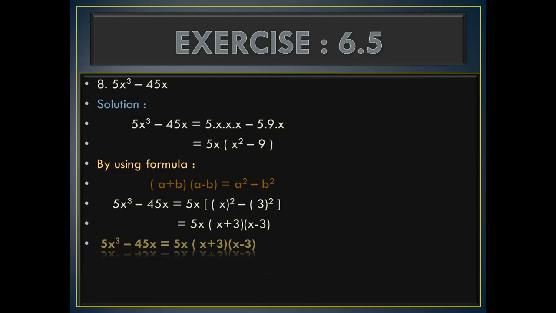So by putting the values in the formula, 5x, (x square minus 3 square), a plus b into a minus b: (x plus 3) into (x minus 3). So after factorizing, we see that the factors of 5x cube minus 45x are 5x into (x plus 3) into (x minus 3). Is it clear to you?